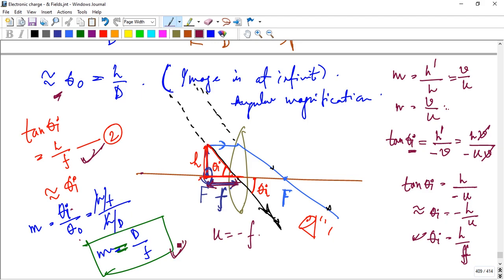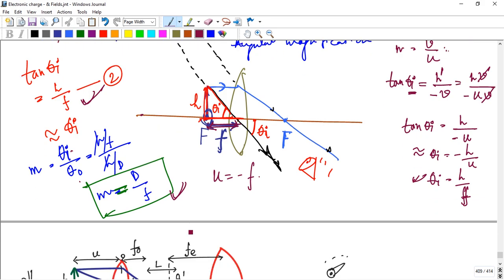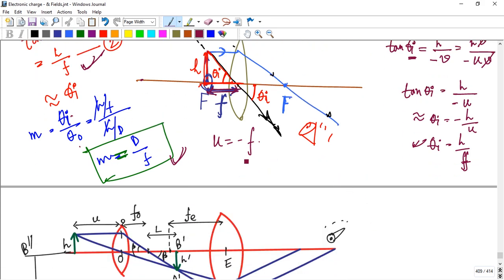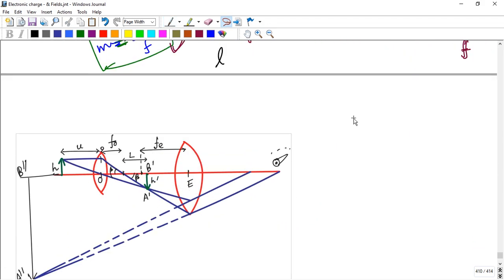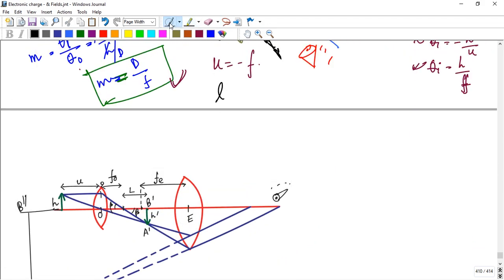That is how to design a simple microscope with one lens. Okay, but there is some limitation here. The limitation is that for the single lens simple magnifier or simple microscope, the magnification is less than or equal to 9.